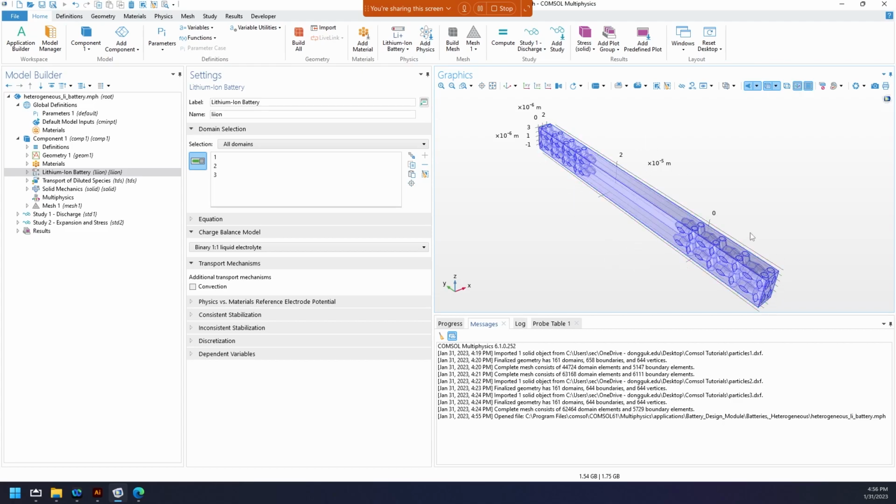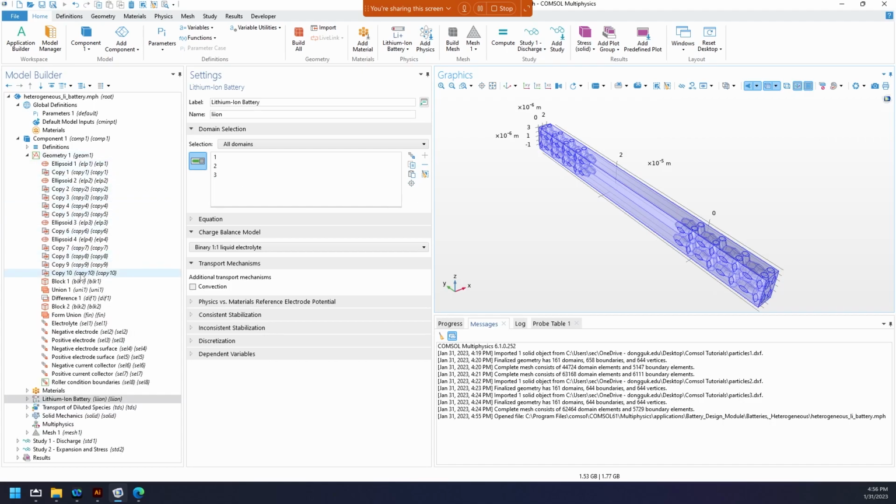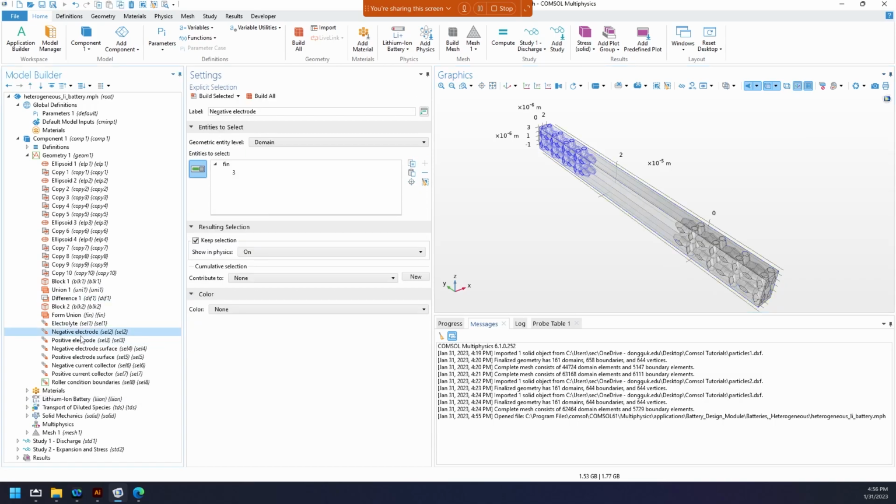On one side, these particles belong to a cathode, or positive electrode, and these particles belong to a negative electrode, we can say the anode. This is the negative electrode particles, and this is the positive electrode particles.